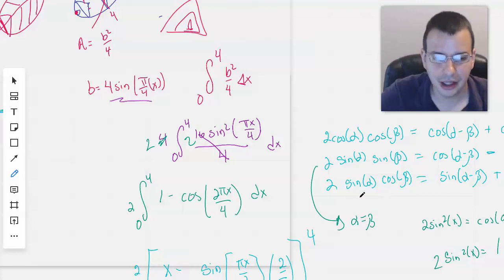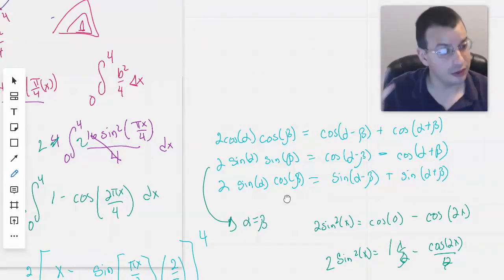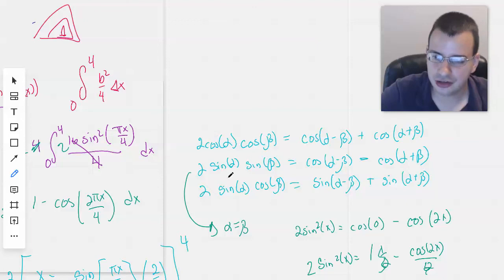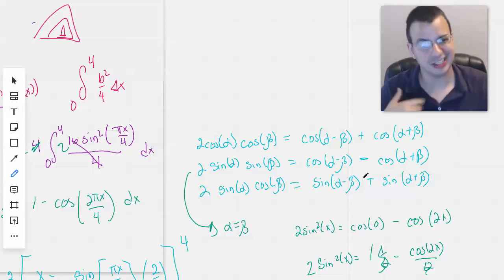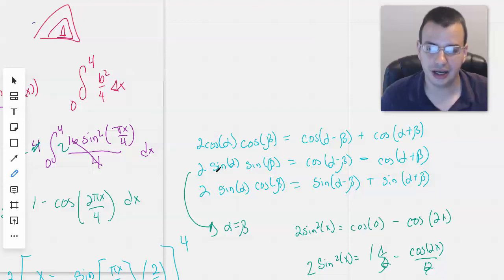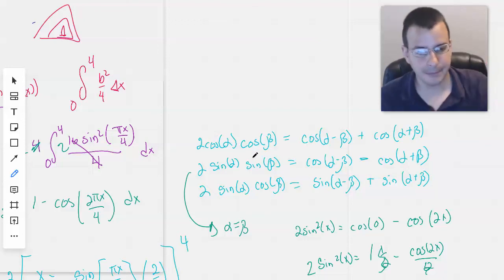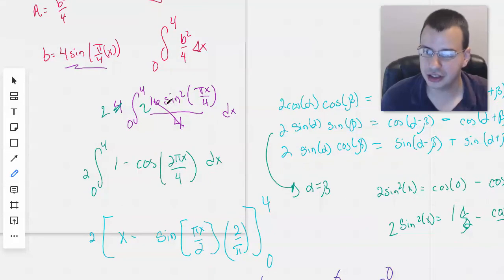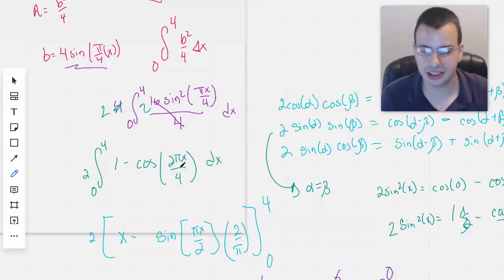We have some trig formulas that we've memorized, and we plug in to get from sine squared to something that's not sine squared, like a cosine of 2x. We say, all right, alpha equals beta, bam, this equation just kind of falls out. We use that to convert sine squared to 1 minus cosine of 2x, basically.